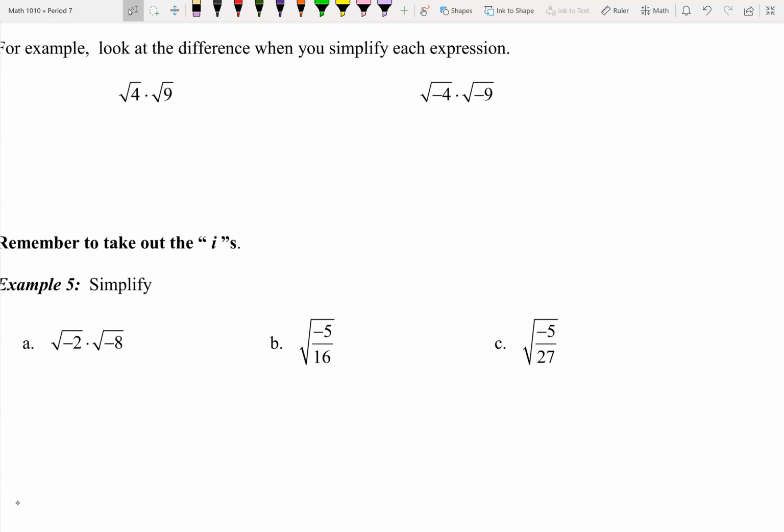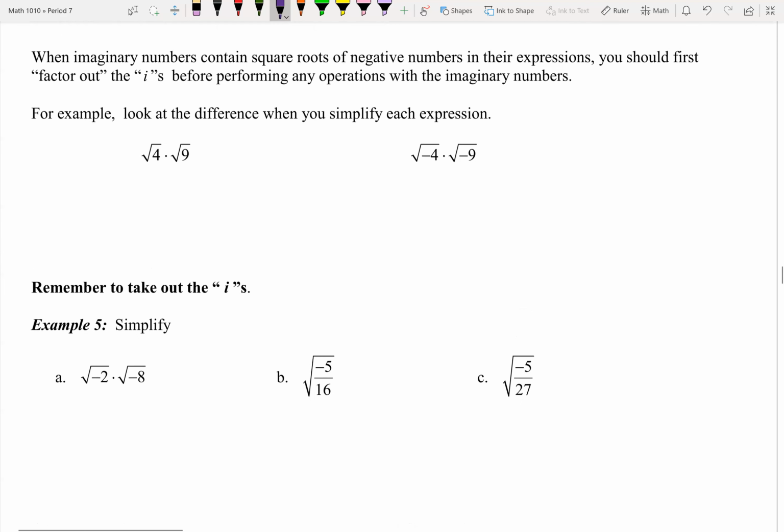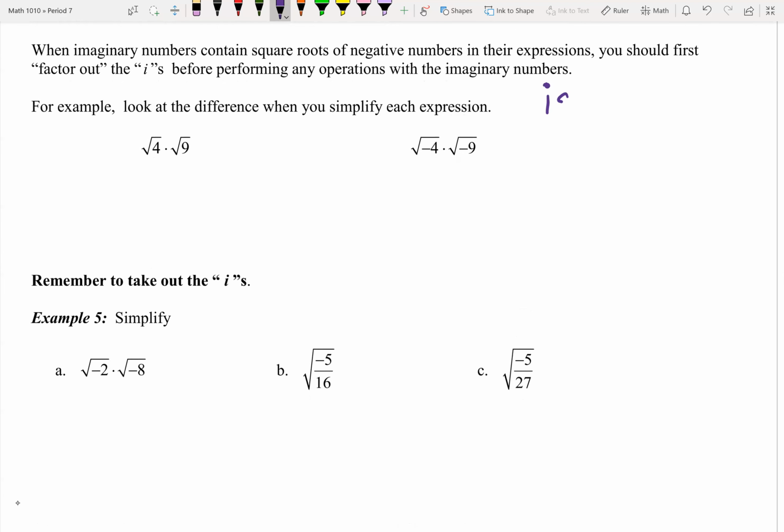Okay, what's the difference between these two things? I want you to write this down for me. Write down i's first. So the first thing you always do is take out the i's. If you don't, it's going to mess you up. So the square root of 4 is 2. The square root of 9 is 3. 2 times 3 is 6. Done. Easy.